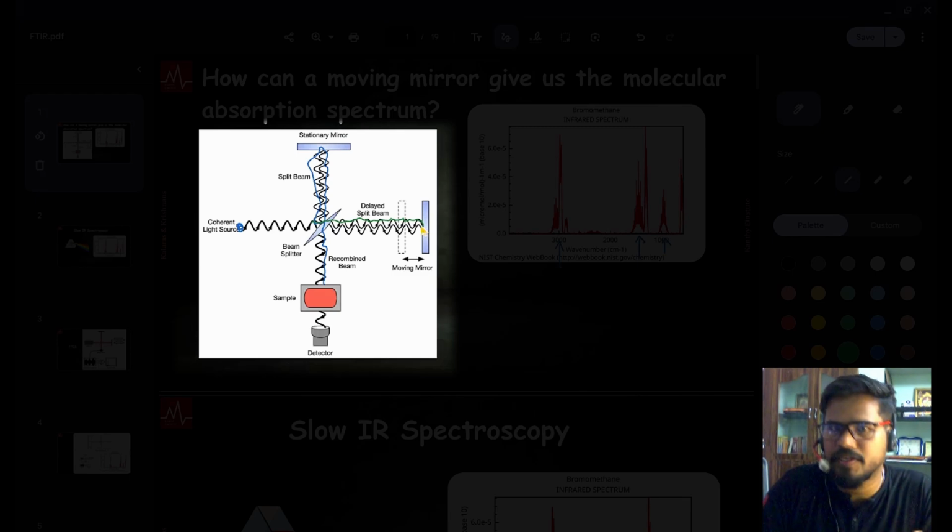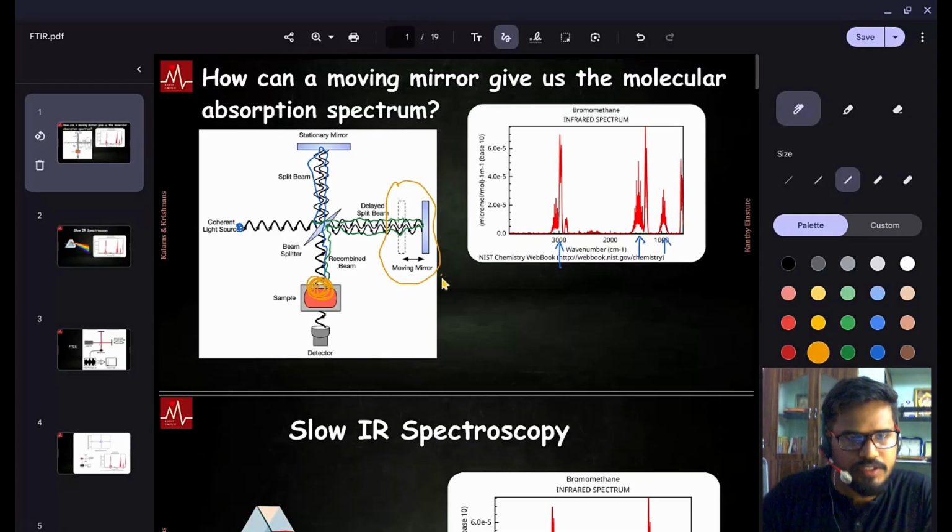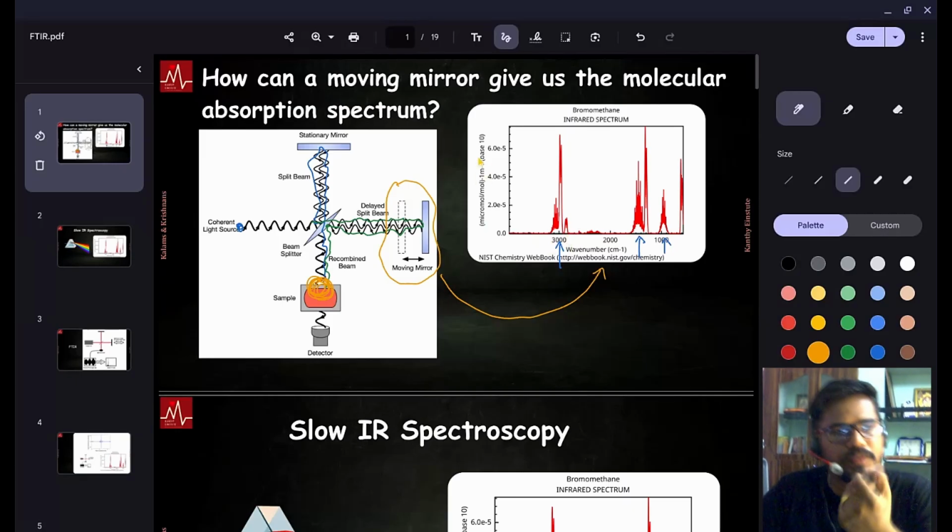In this case, the mirror is not stationary, it is moving, and the light again gets reflected and arrives at the detector. The only major difference is a mirror motion that somehow captures the molecular absorption spectrum. So the real question is, how can a moving mirror give us a molecular absorption spectrum?